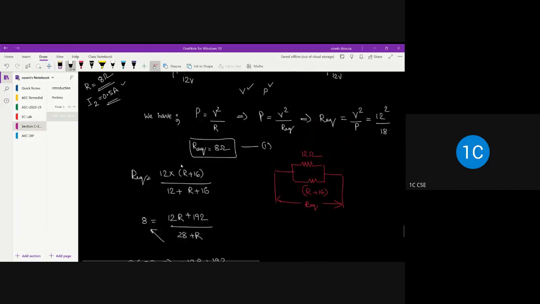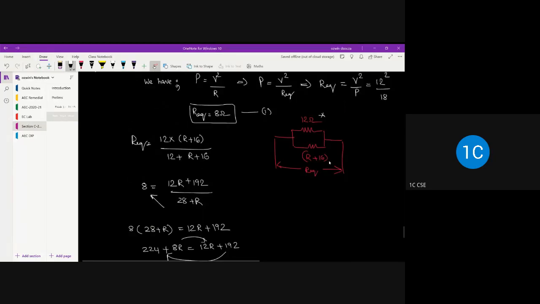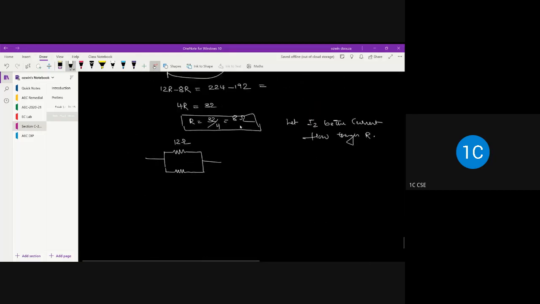The upper branch has 12 ohm resistance. The lower branch has R plus 16 ohm, right? R is 8 ohm, so it is 8 plus 16. That is 24 ohms.